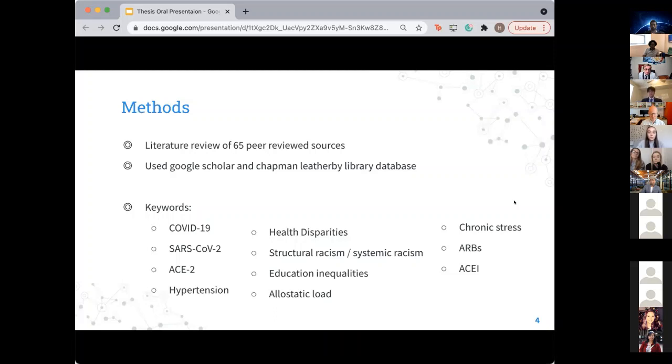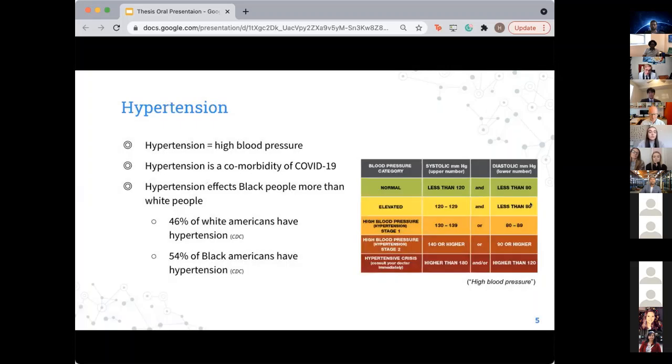To answer my research question, I did a literature review of 65 peer-reviewed sources. I found these sources using Google Scholar and Chapman Leatherby Library databases, and these are some of the keywords that I used in my research. Hypertension, or high blood pressure, is a comorbidity factor of COVID-19.